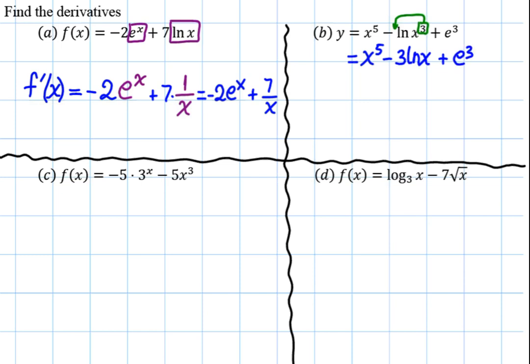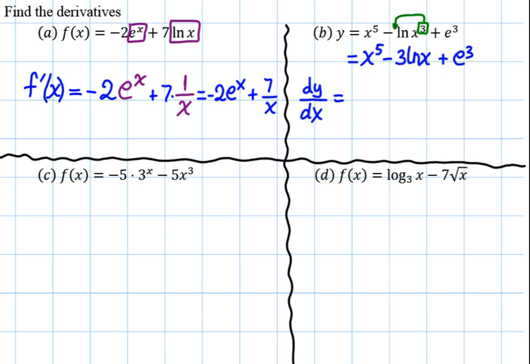So we haven't taken the derivative yet. We just rewrite the function. Now we'll take the derivative. We could write dy over dx, or we can write y prime. Either way, it's just a notation of derivative.